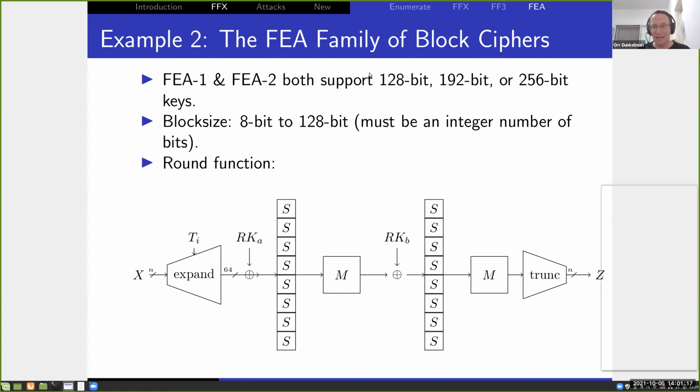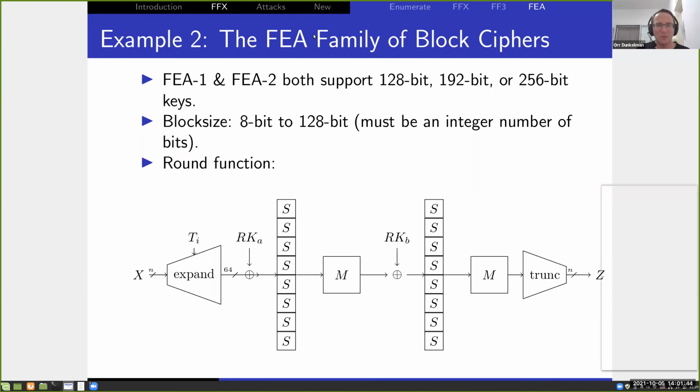Unlike FF3, where you can do almost anything, here it has to be an integer number of bits, and you divide it into 2 equal halves, or if the number of bits is odd, one of them has 1 bit extra. But this is exactly the same round function. Everything is the same. I mean, as you can see, it's not very interesting.